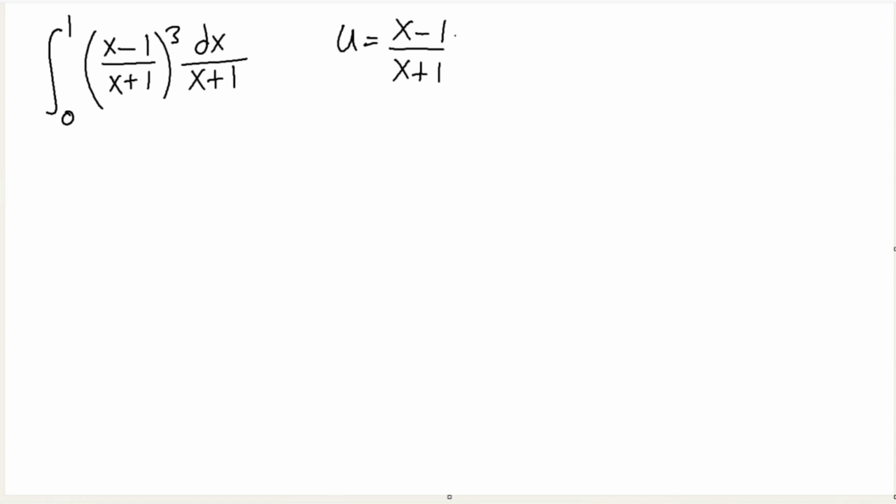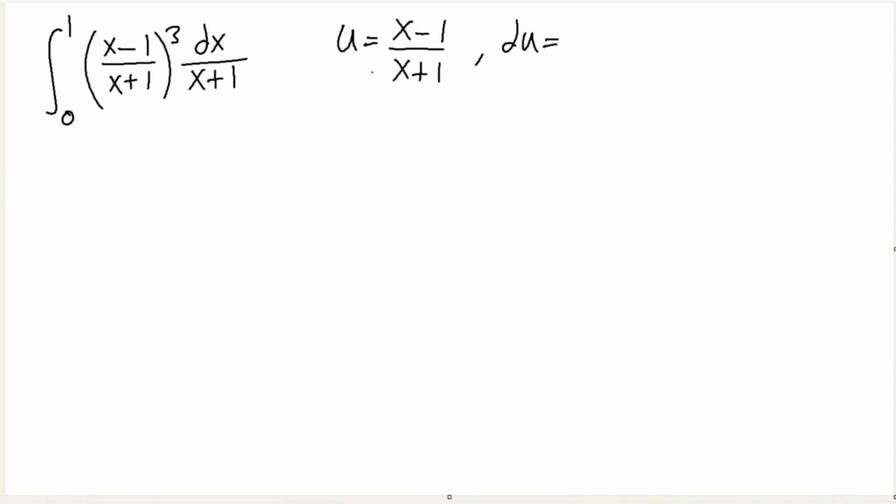British substitution comes in forms like this, with some coefficients m and n. But most commonly in integration bees, you'll just come across this one only, mostly because of the du.